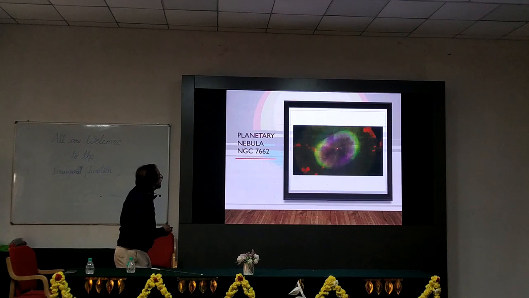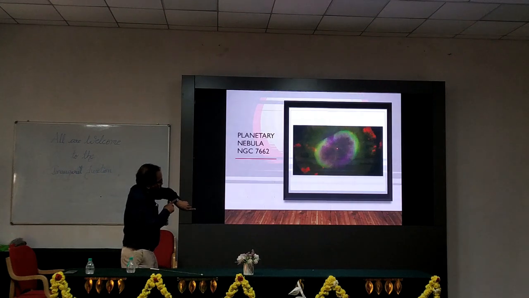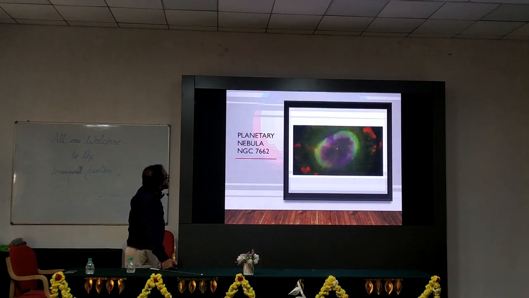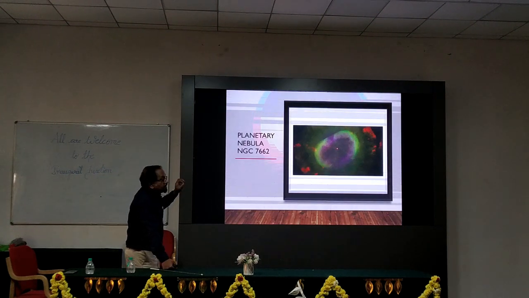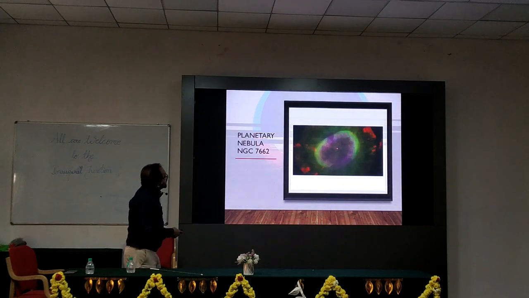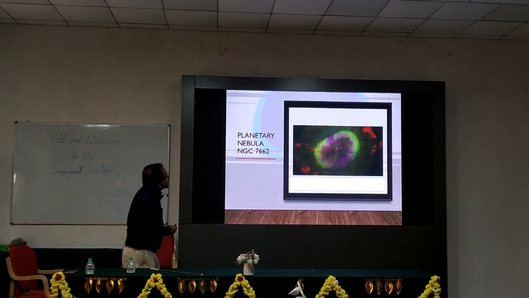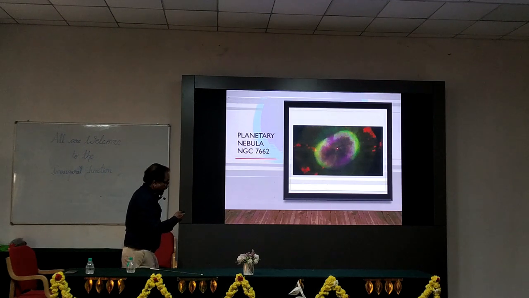This is an example, actually, of a planetary nebula. What you find at the core is the white dwarf, and then the gases around it are the planetary nebula. All these colors indicate the materials which have been thrown away from the envelope.